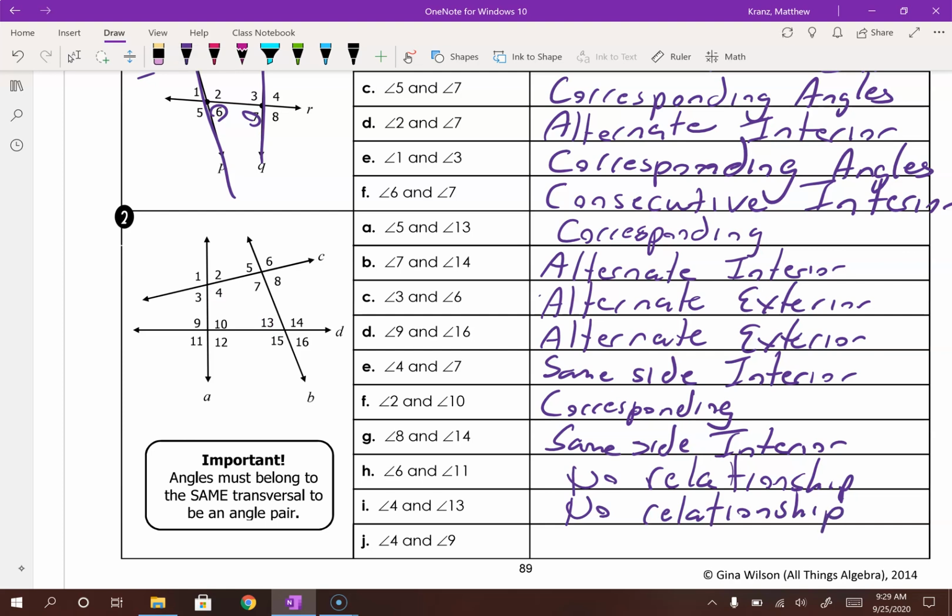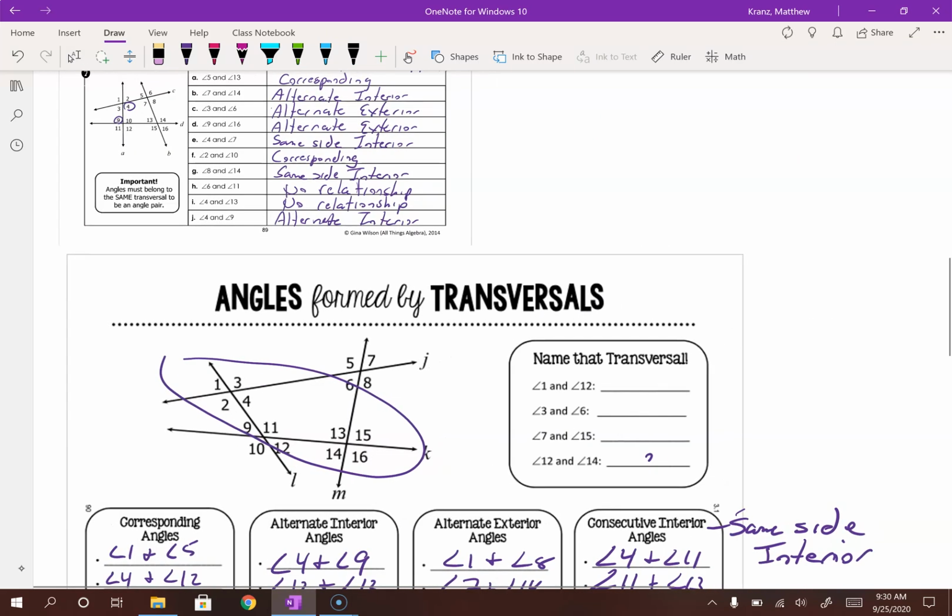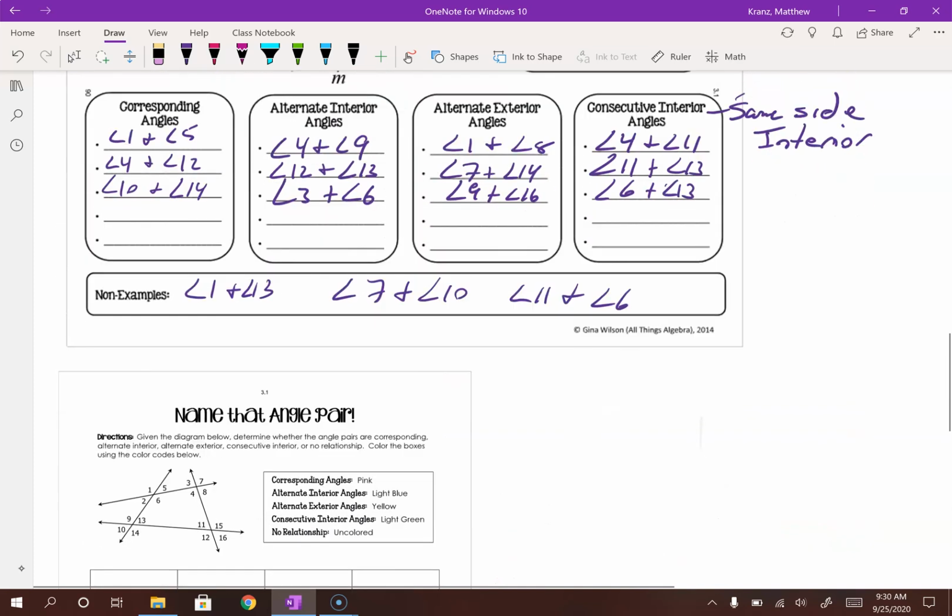And 4 and 9, alternate interior. All right. So I'll let you guys finish this on your own.